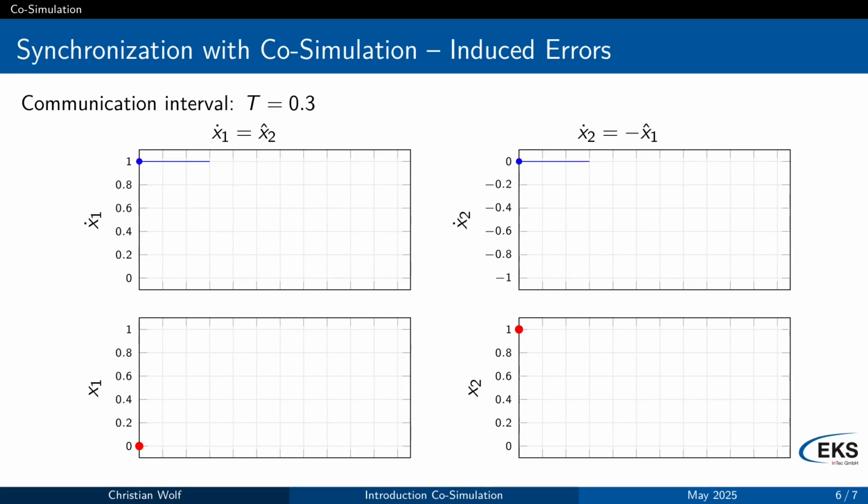The best guess we have so far is we say, okay, we had this value before, so 1 and 0, and we keep that value at that level. So x1 dot is kept at 1 and x2 dot is kept at 0. This means we now have a trajectory for the derivatives of x1 and x2. Means we can use classical integrators to actually compute the state trajectory for this short period of 0.3 time units.